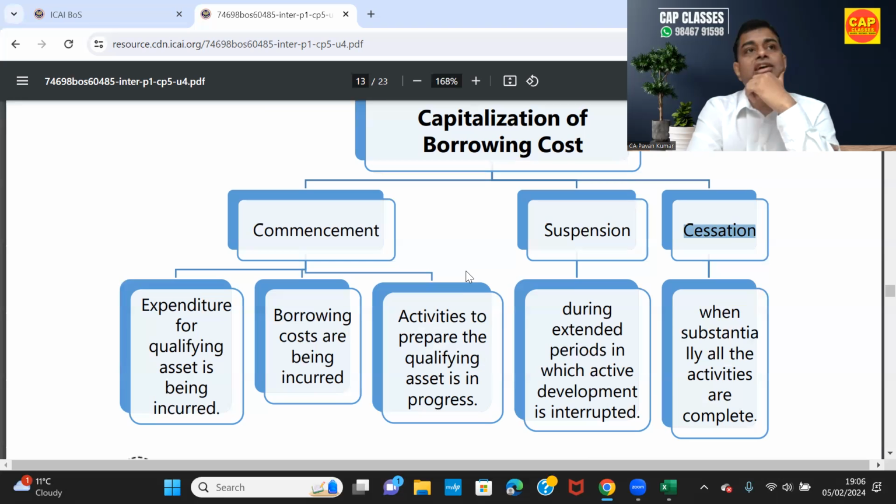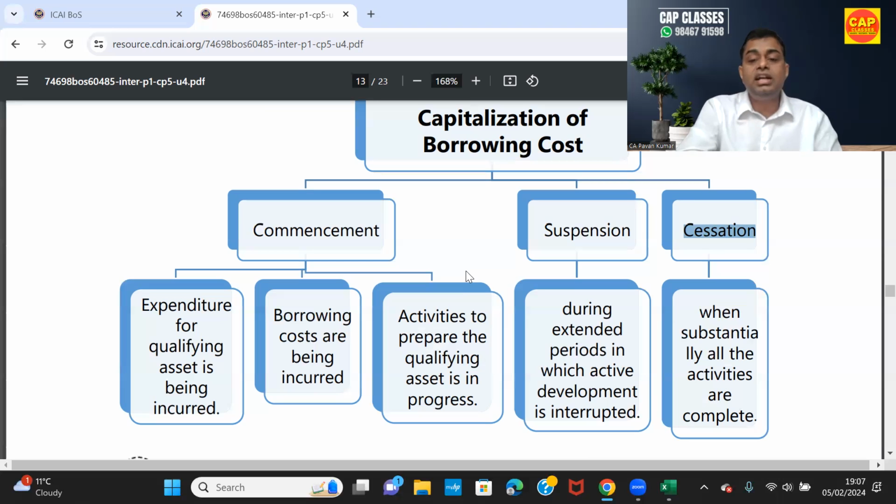But, Pavan sir, labor strike, machinery breakdown, lack of availability of raw materials, because of some avoidable reason, they stopped. The laborers stopped construction for 2 months, and I incurred borrowing cost. Can that be capitalized? No, that is abnormal cost that should be charged to P&L. This is the whole discussion.